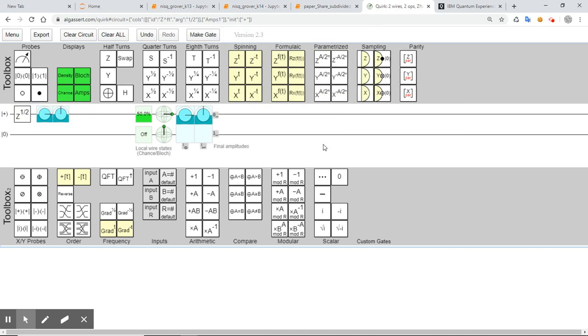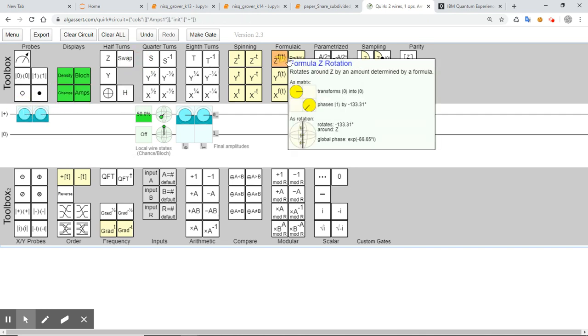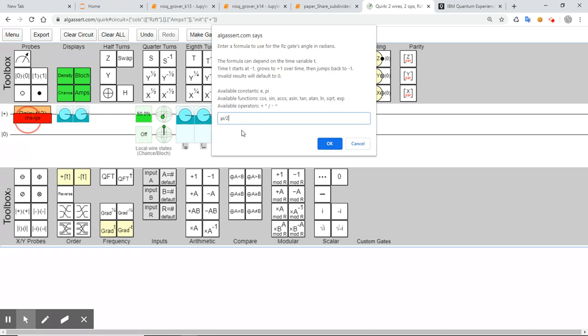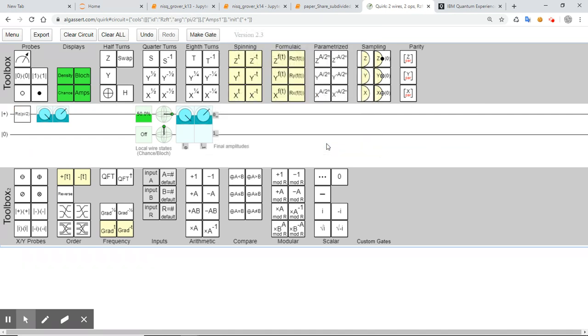So that should be equivalent, because the relative phase is what matters at the end of the day. If it's divided by 2, it's 90 degrees.